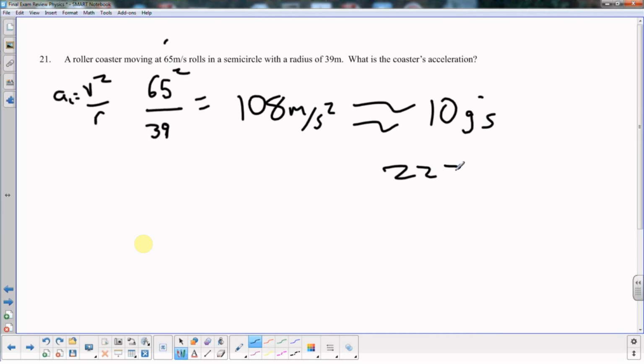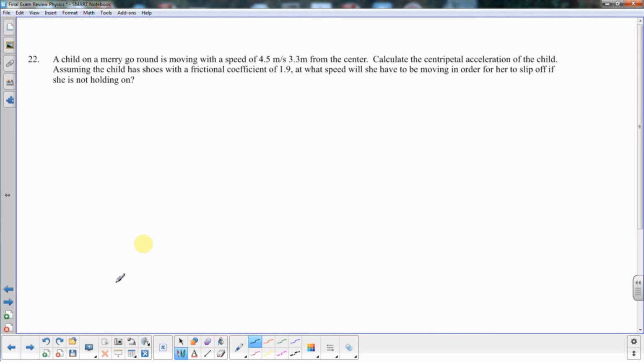All right, so now child on the merry-go-round is going around with a speed of 4.5 meters per second, 3.3 meters from the center. Calculate the centrifugal acceleration of the child. That's easy. That's not going to be deadly. The second part of this is going to be a little bit interesting.